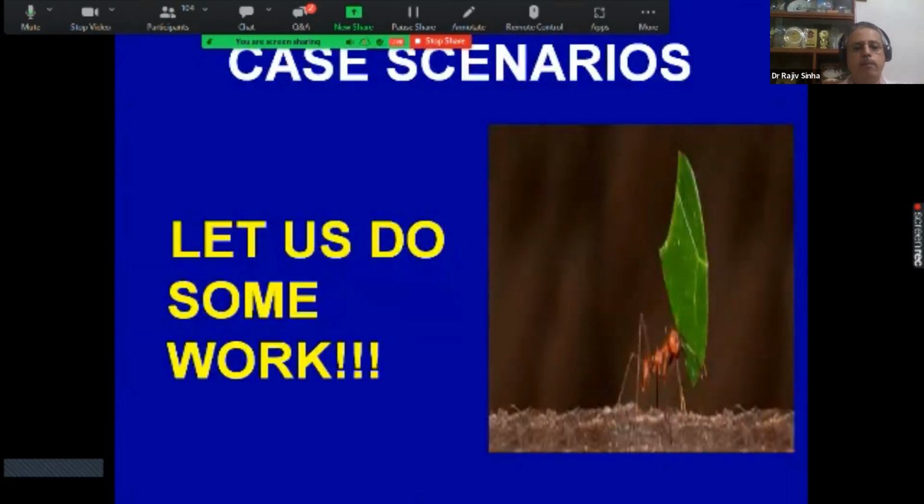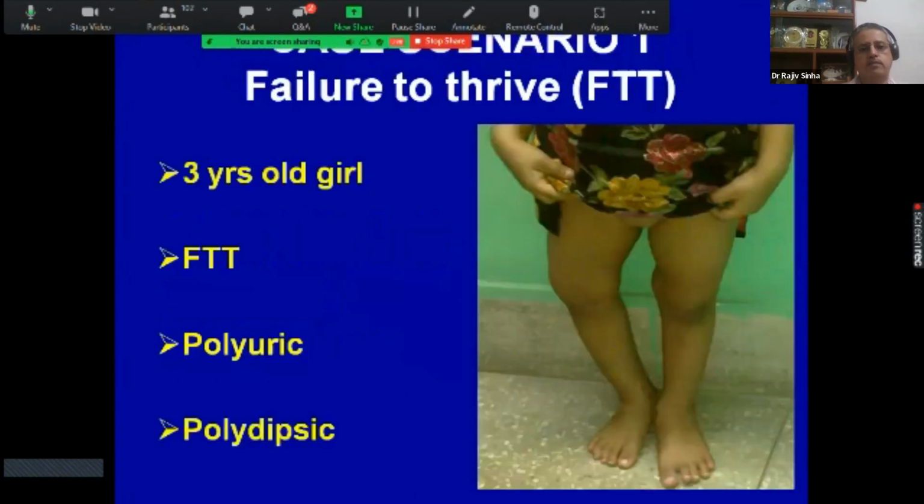So with that background, we will now dedicate the next session to working through various case scenarios, and through this we will hopefully be able to identify certain patterns.